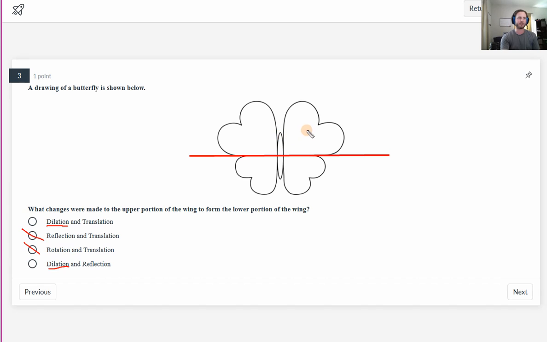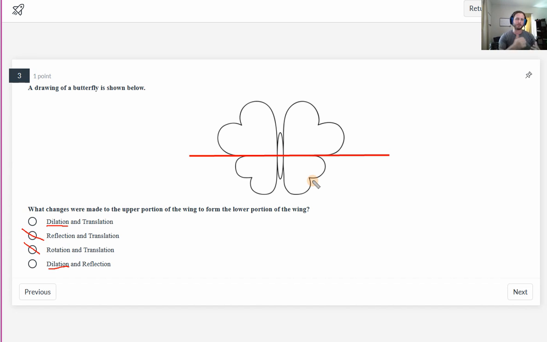Also, we have to decide, are these shapes facing the same direction or are they facing a new direction? We can kind of see, like this one, it's almost like a heart that's kind of tilted, but we look down here and the hearts are not facing the same direction. Think back to your transformations. A translation is going to look like the same shape, but it's just sliding.